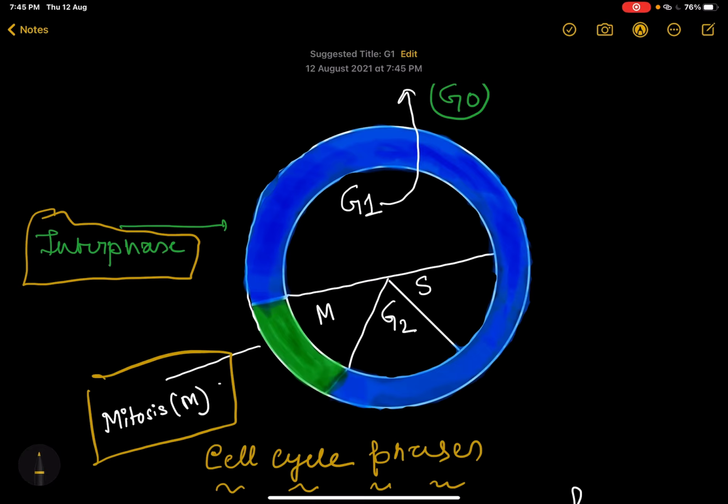So here you can see a diagrammatic representation of the cell cycle. Now, this portion, that is interphase, is the blue color.